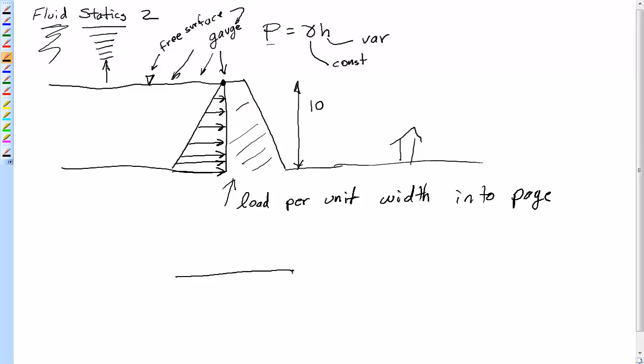Now this thing would look like that, and here would be the spillway, although you don't need to draw this part anymore. This would be the 0 location, and you would have something like this. Technically, this would look a lot like a cantilevered beam, cantilevered into the ground here, and free at the top.